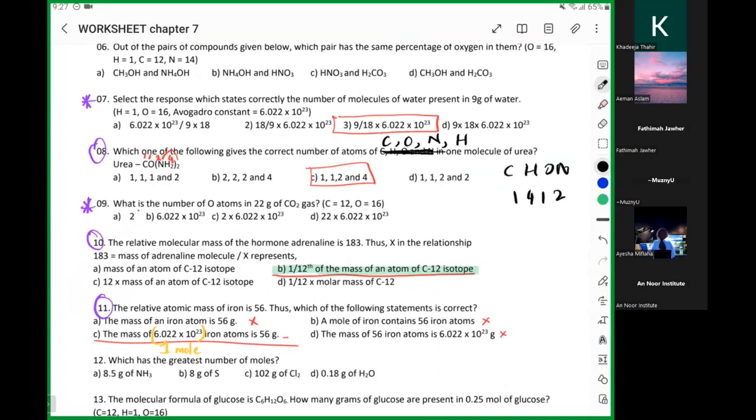If you take question number 9, what's the number of oxygen atoms in, pay attention, this is very important, 22 grams of carbon dioxide gas. And they have given you carbon relative atomic mass as 12, oxygen as 16. So this is how you do such a question.